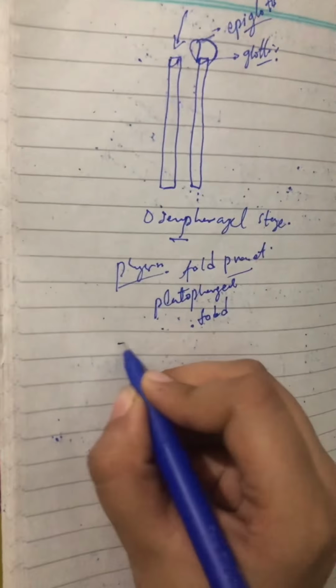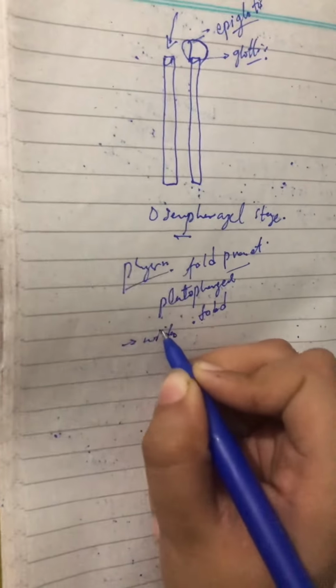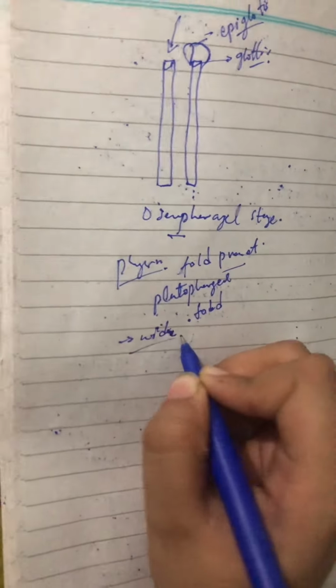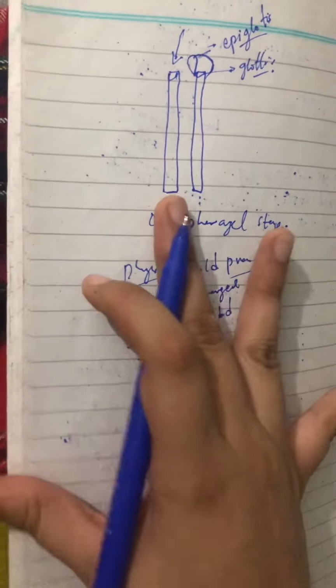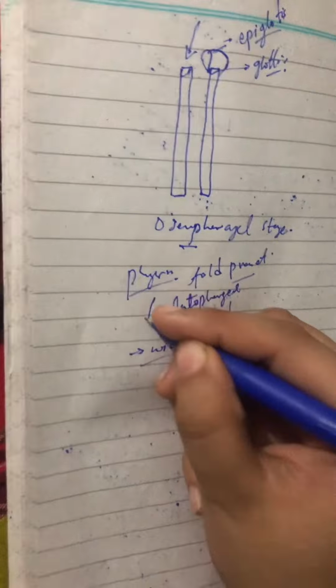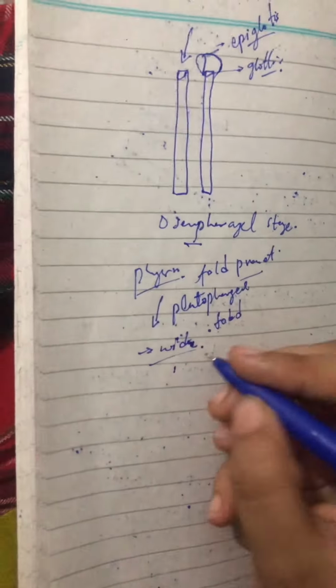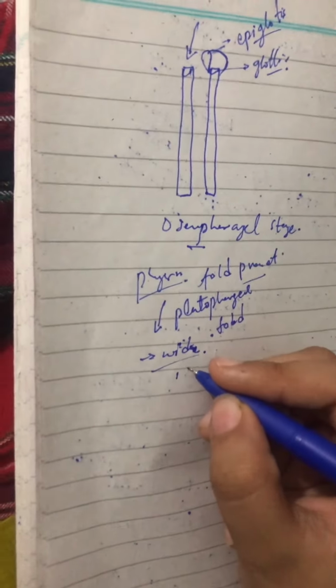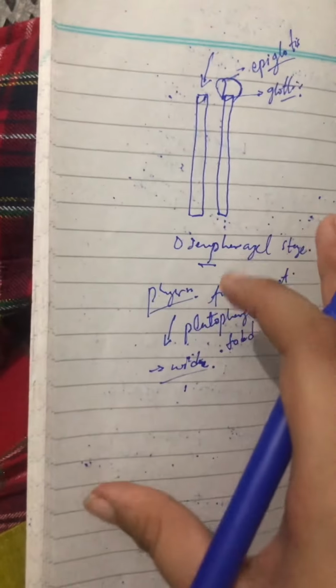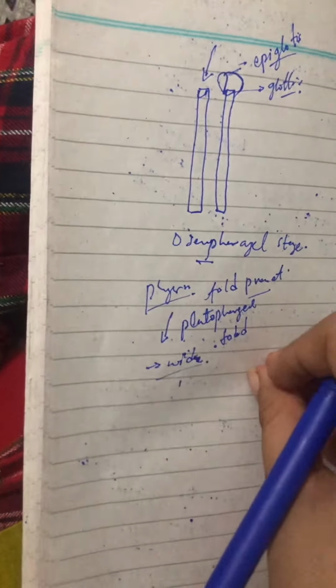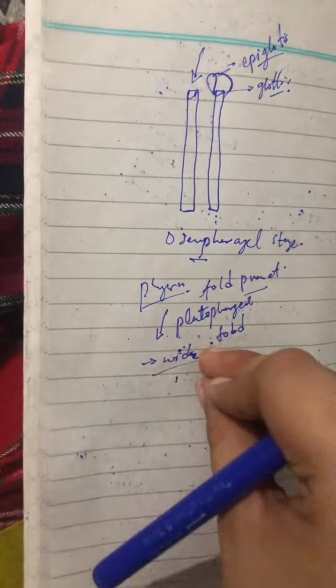In the normal condition, these folds present in the pharynx are wider, but when the bolus comes, they will become narrow.